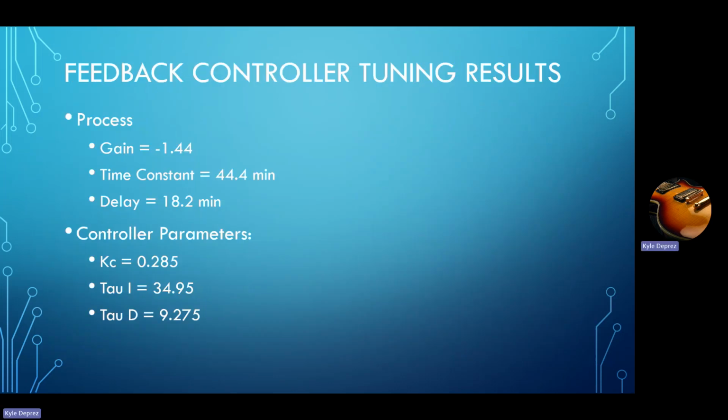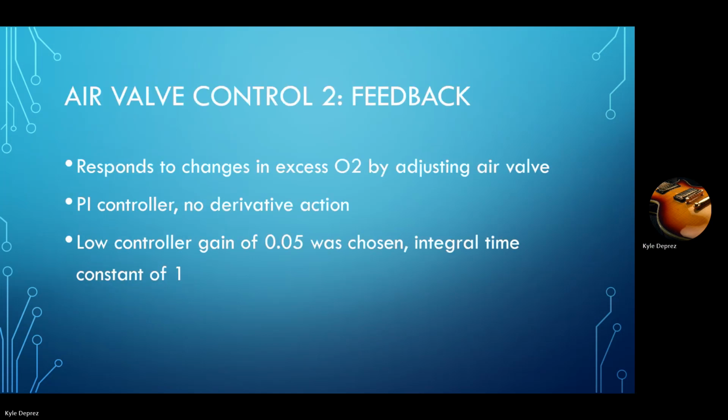And we got a first order plus delay time model with a gain of negative 1.44, a time constant of 44.4 minutes, and a delay of 18.2 minutes. Using this model, we got controller parameters with a controller gain of 0.285, an integral time constant of 34.95, and a derivative time constant of 9.275.